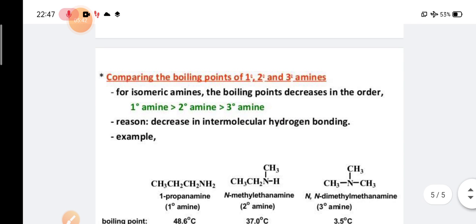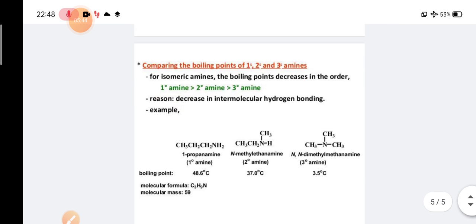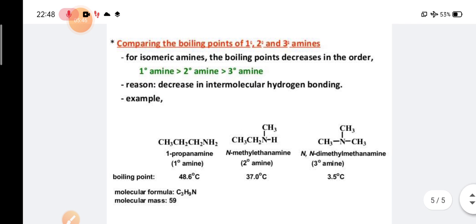In the last slide I discussed that the lower molecular weight amines have lower van der Waals force of attraction, which is why they are in the gaseous state, whereas the heavier ones have higher van der Waals force, which is why they are in the liquid state.